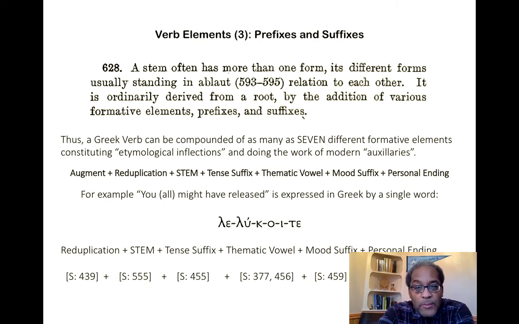You have a reduplication, you have the stem, you have the tense suffix, you have the thematic vowel, you have the mood suffix, and you have the personal endings. And if you want to look more deeply into each of these elements, here are the sections in Smyth for you to explore as your leisure permits.